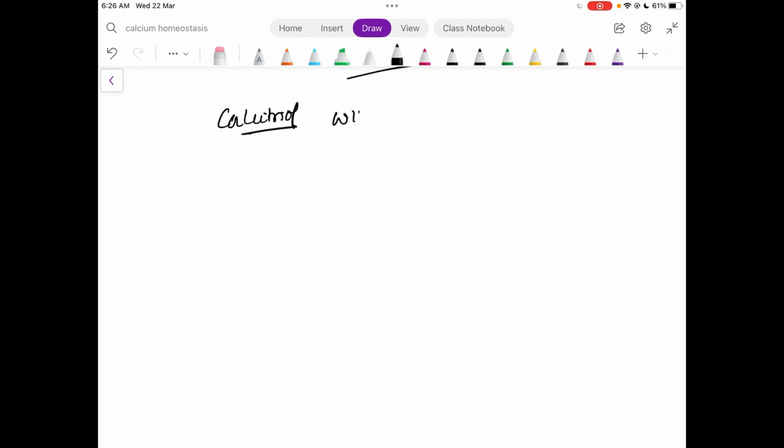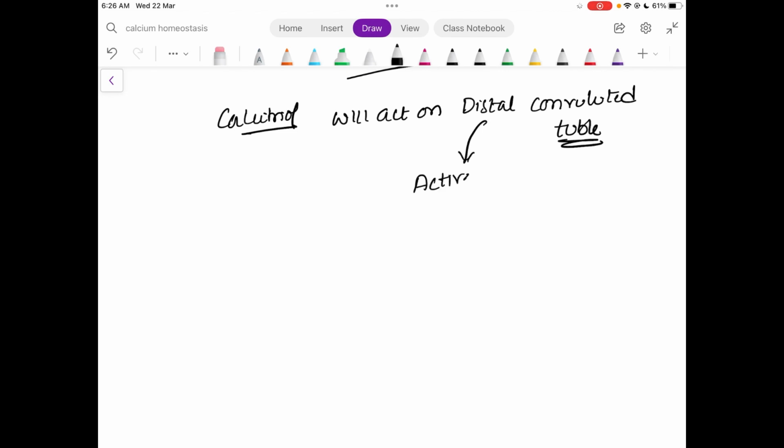Calcitriol will act on the distal convoluted tubule. So in the distal convoluted tubule, it is an active transport. Why is this an active transport?